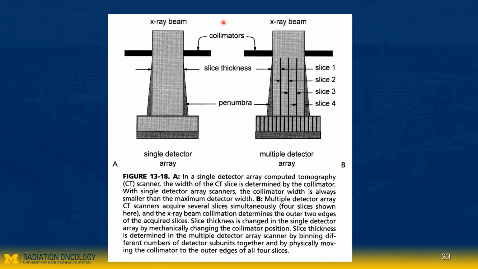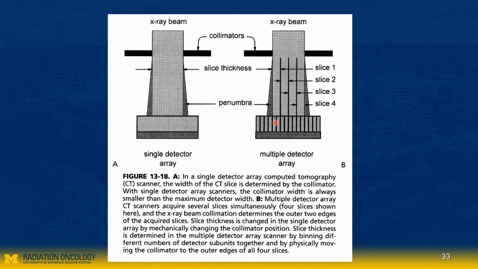Here's another view. With the single detector array, you acquire one single slice at a time. With one rotation of the X-ray, you get one slice. However, in a multiple detector array, in this example, we have 1, 2, 3, 4, 5, 6, 7, 8 detector arrays. Your slice thickness can be configured in different ways.